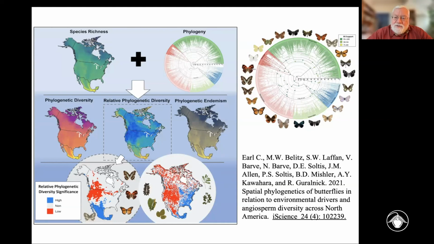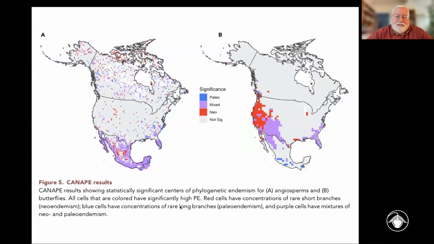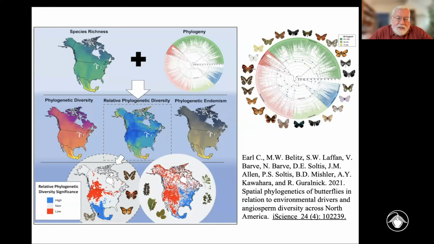And then there was this example of the butterfly plant distinction that we've been using as our emblematic illustration all along. This is an open source paper too, if you would like to read more about how we compared the two. They're actually quite different. We thought they should be the same or very similar because of the pollination relationship, but it turns out they're quite distinct. This distinct east-west distinction that we saw in the plants is not followed with the butterflies.